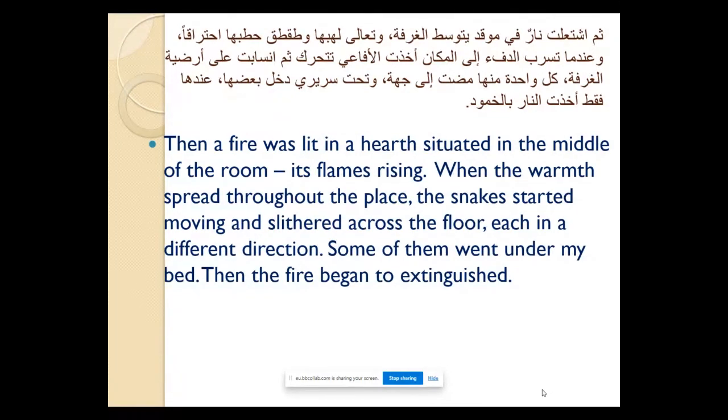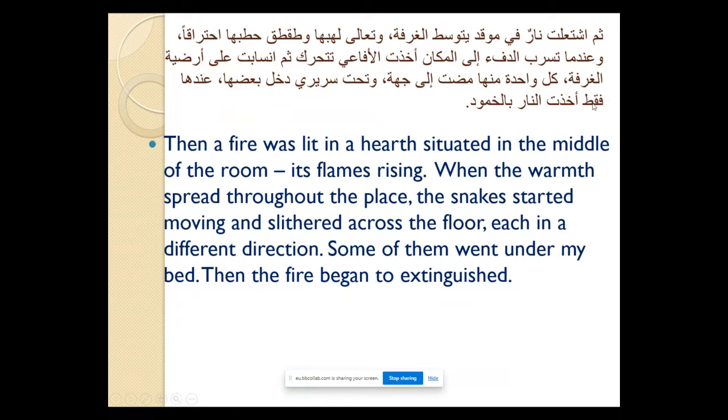Okay, you started with the first sentence, but you missed, for example, وَتَقْطَقَ حَطَبُهَا احْتِرَاقًا. It's not translated here. So this is one missing point, which is a good, attractive image that is not translated here. Also, عندها فقط.